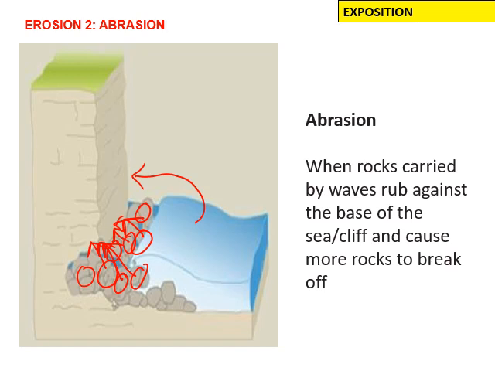And when these rocks, carried by the waves, rub against the cliff, or sometimes the base of the sea down there, the seabed, it causes more rocks to break off. And this is called abrasion. Okay, so hydraulic action, hydraulic power is when the water hits the cliff, but abrasion is when rocks hit the cliff.